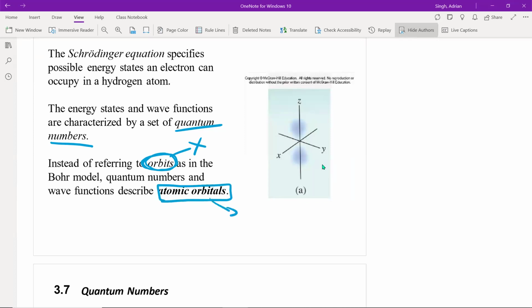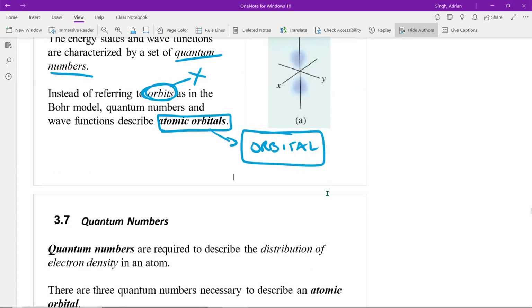Okay, so this is a change. It's not a big change in terms of the word, but it is a big change in terms of how we are going to define or characterize where an electron could be. So we're using the term orbital, atomic orbital, rather than orbit, even though we can use some of the same principles from the Bohr model.